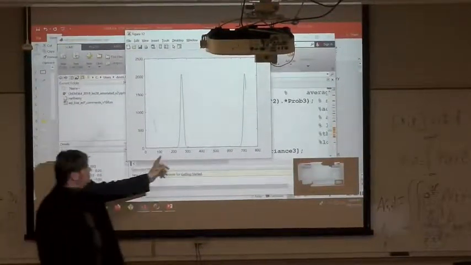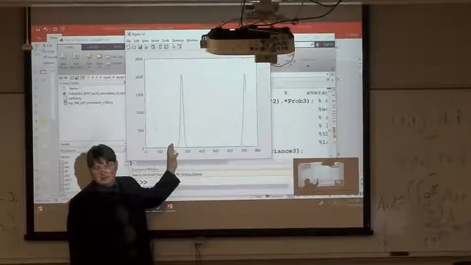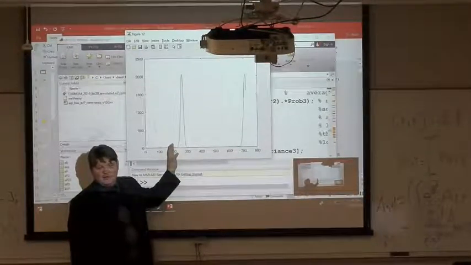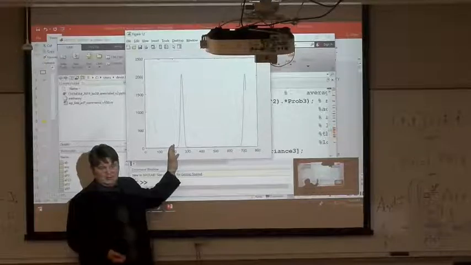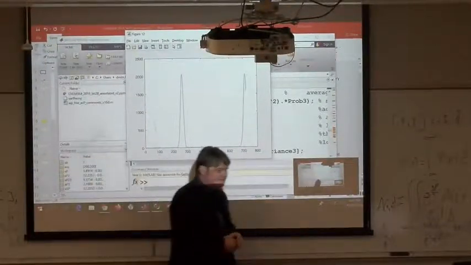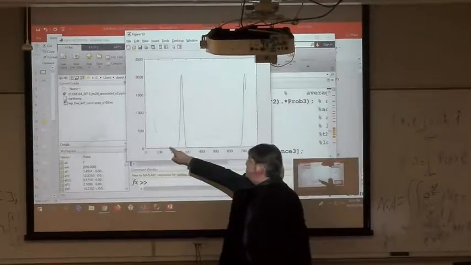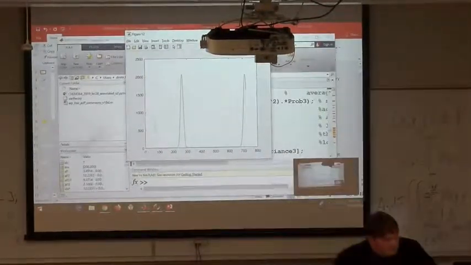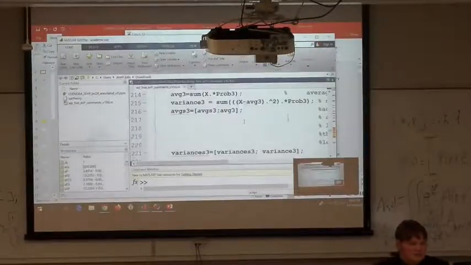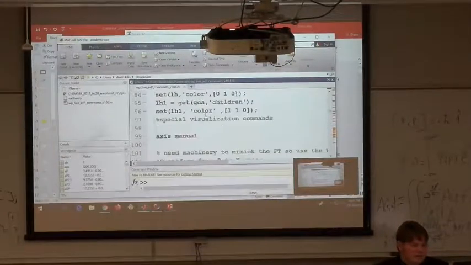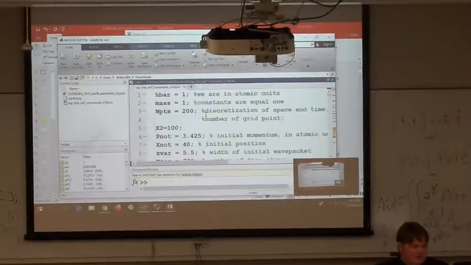So we shouldn't compute variance if our wave packet is crossing the border. It will be something crazy. So we can either focus on this little range or just redo simulation with smaller value of momentum and then replot this variance.